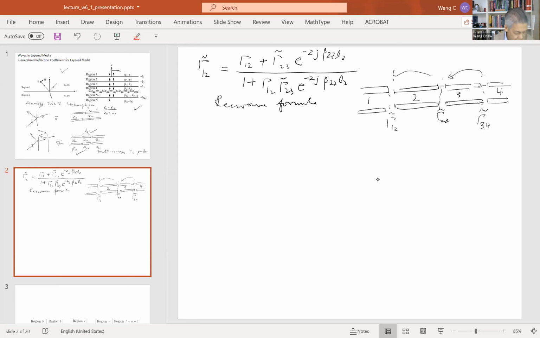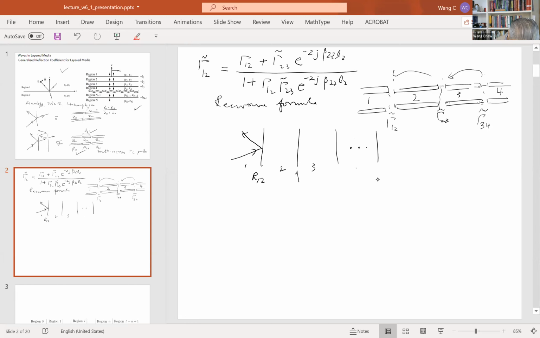And I'm going to apply this formula for a layered medium, say if I have a layered medium, and then the layered medium can be very, very many, okay? So if I know how to find the reflection coefficient, say if this is region 1, 2, 3, and so on, this would be the reflection coefficient at the 1,2 interface.